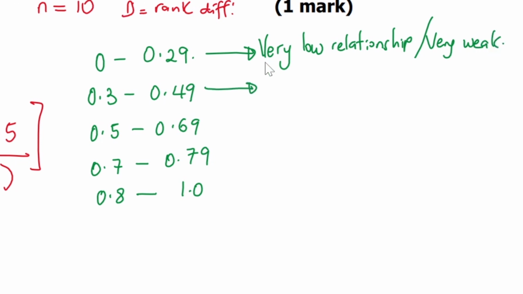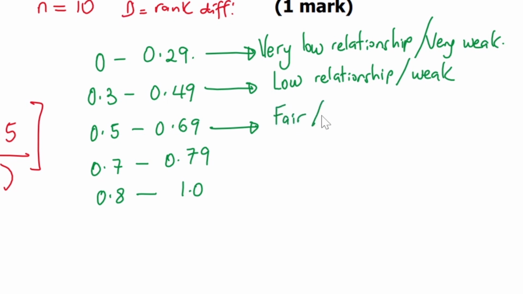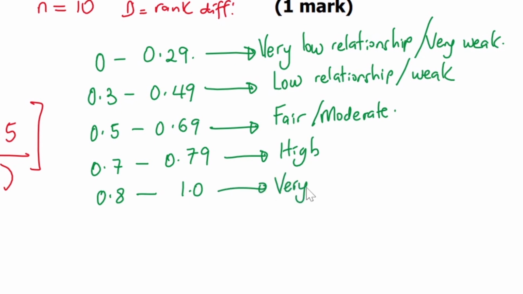Here it is just a low relationship or weak. Here when it is there, it's fair or moderate. Here the relationship is high. Here the relationship is very high.